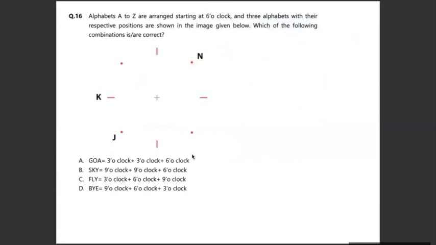Alphabets A to Z are arranged starting at 6 o'clock, and 3 alphabets with their respective positions are shown in the image given below. Which of the following combinations are correct? When I say they are starting from A to Z, they are organized starting at 6 o'clock. They are organized like this: A, B, C, D, E, F, G, H, I, J. J is already written, so the way I am placing it is correct.